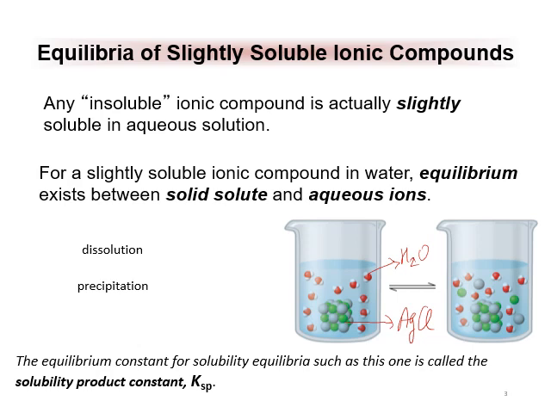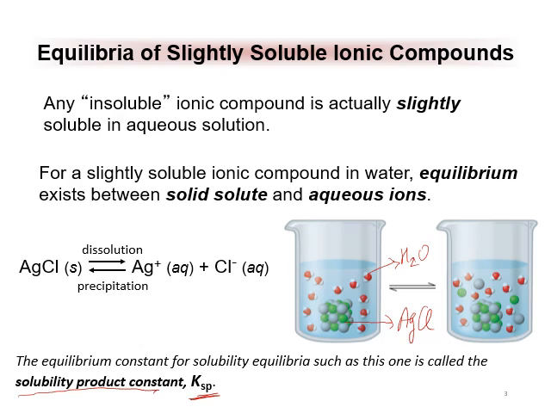The equilibrium constant for this particular equilibrium is called the solubility product constant, or Ksp. Sp stands for the solubility product and K is the equilibrium constant.